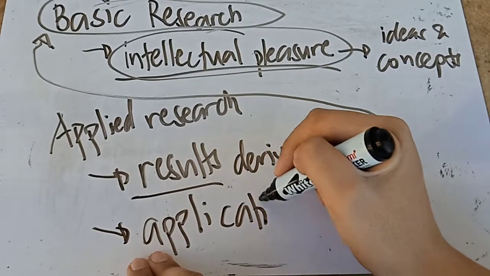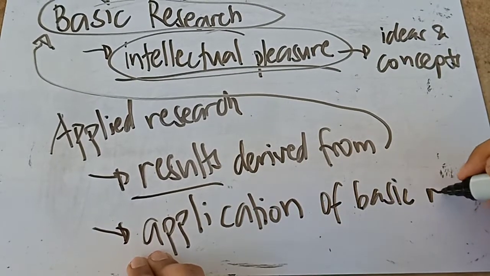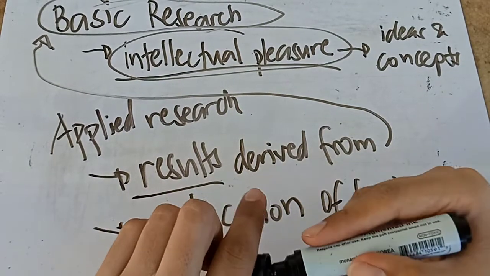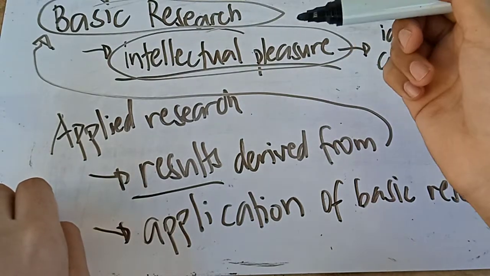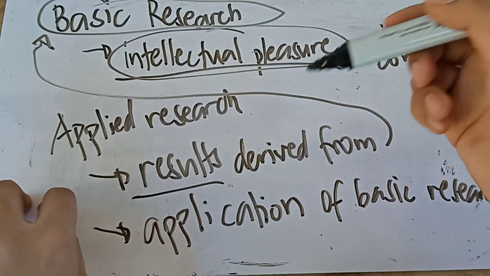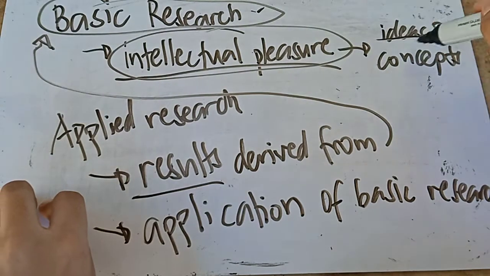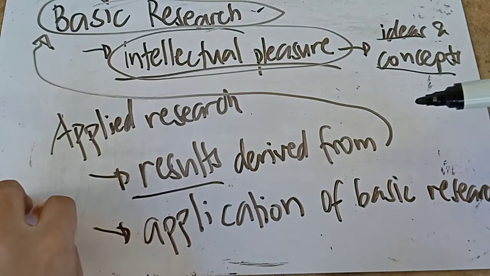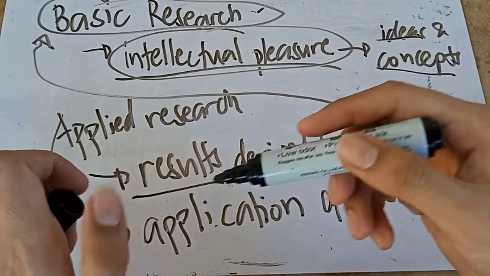So applied research is the application of basic research. That is the main difference between the classification of research according to goal. Basic research aims to provide knowledge, ideas, and concepts. Applied research aims to create a product or results derived from the application of basic research.